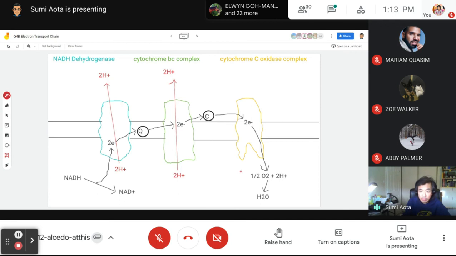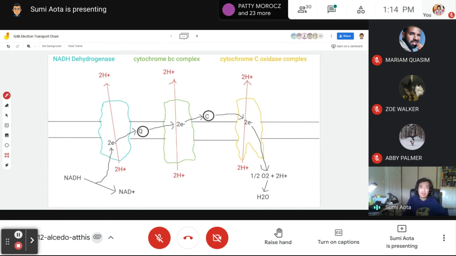Okay, and you're also going to get two more hydrogens pumped across here. Okay, this is how we build up a hydrogen gradient.